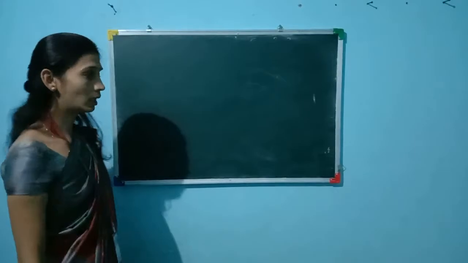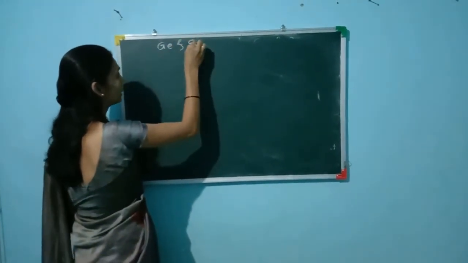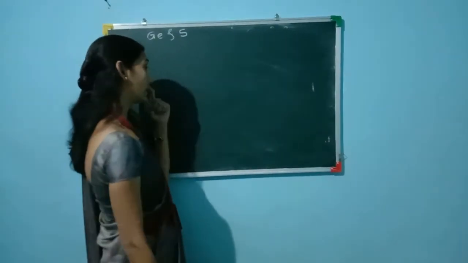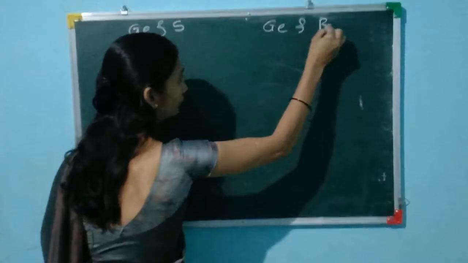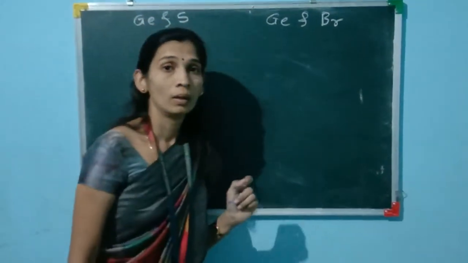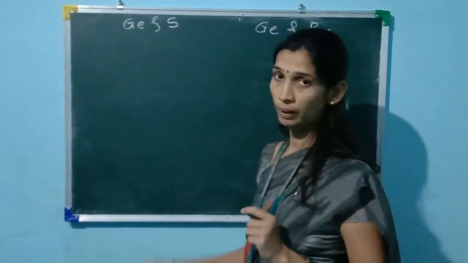For example, we discuss germanium and sulfur, as well as germanium and bromine. Now germanium is in the p block.